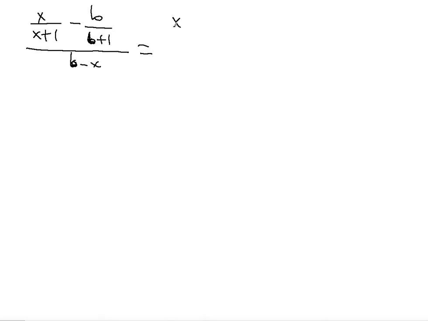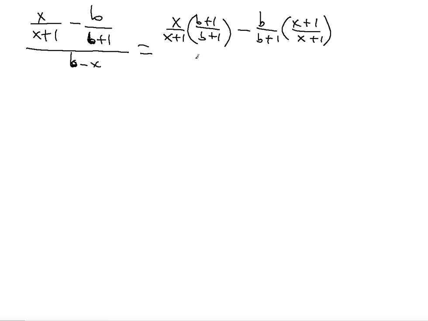So we will have x over x plus 1 multiplied by b plus 1 over b plus 1, and then minus b over b plus 1, and this fraction will be multiplied by x plus 1 over x plus 1, right? Because we need to achieve the LCD. And this whole thing divided by b minus x.